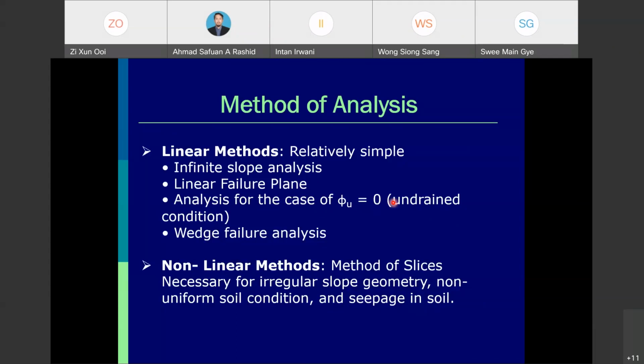For the non-linear method, we have the method of slices, and also the total stress method, whereby both of them use the concept of moment to obtain the factor of safety.